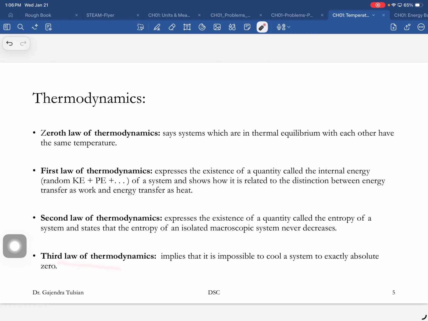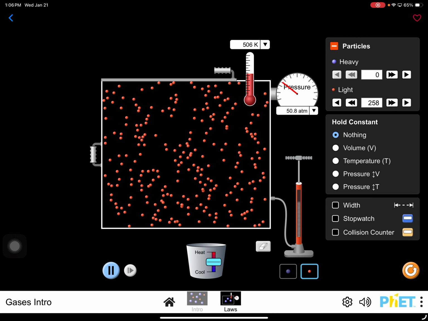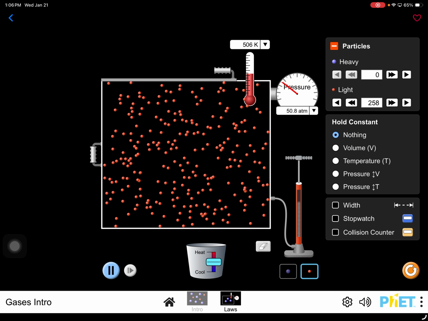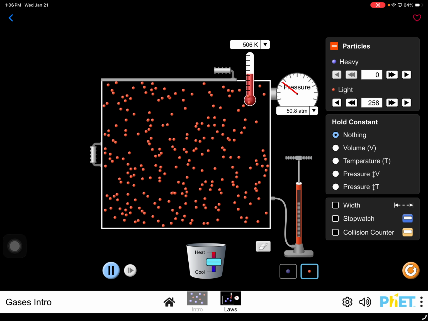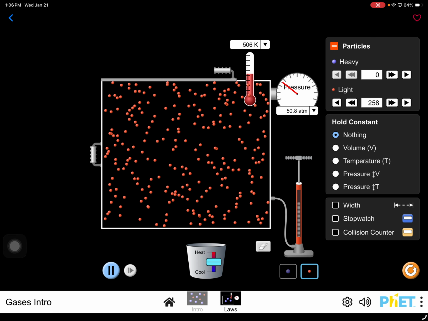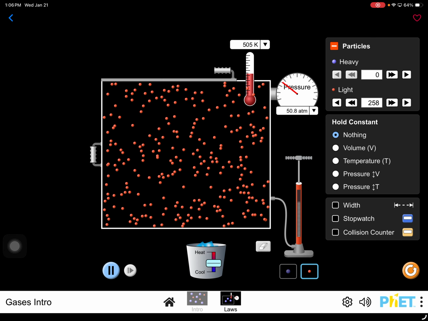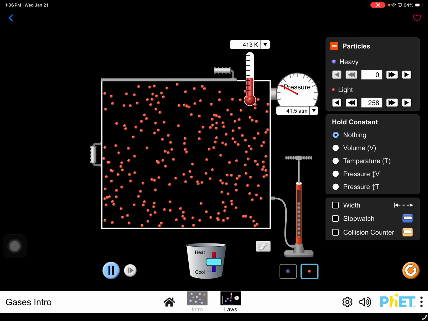The third law of thermodynamics implies that it's impossible to cool a system to exactly absolute zero. What is absolute zero? No motion? Yep, exactly. So these are the gas molecules, and as you saw, if I heated this gas, their kinetic energy increased, and if I cool the gas, their kinetic energy would decrease.